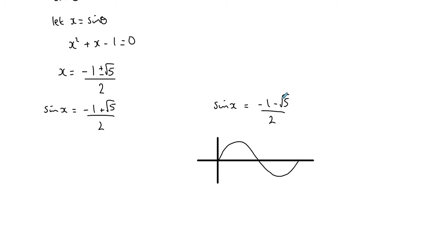The reason we get an error is because this number here is actually smaller than minus 1. So we've got our calculators trying to work out a sine value that's below that minimum point. It's down here somewhere. So this won't actually produce any answers. We can get rid of this altogether and say no solutions, because the sine graph has to have answers that are between minus 1 and 1.